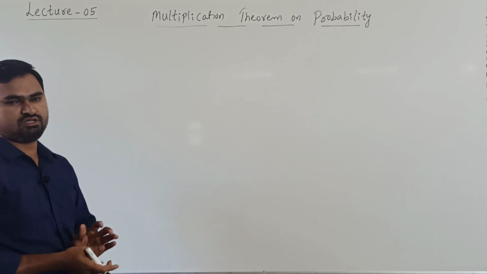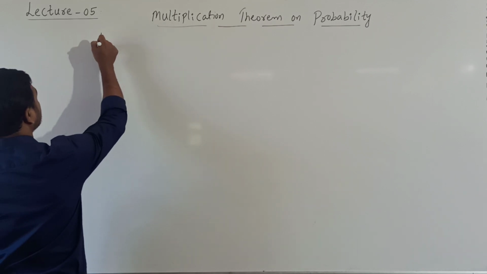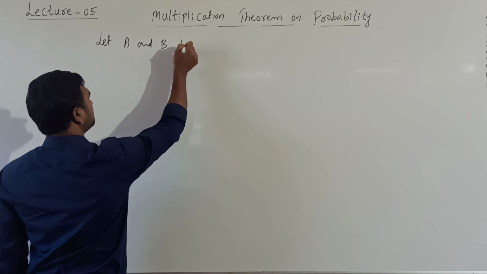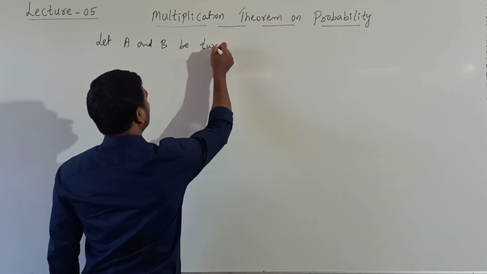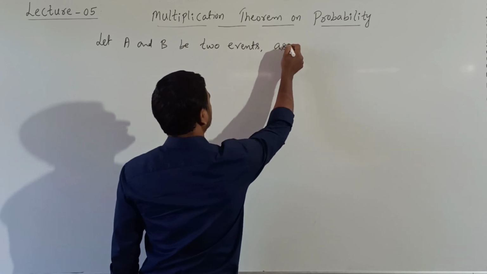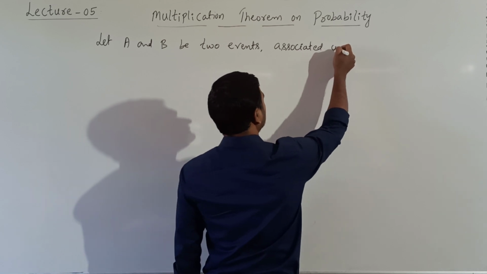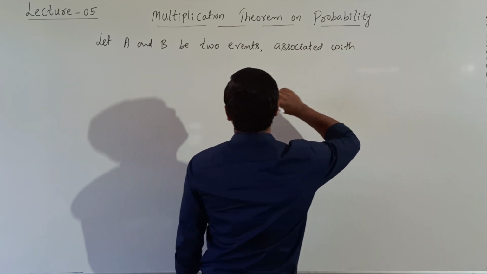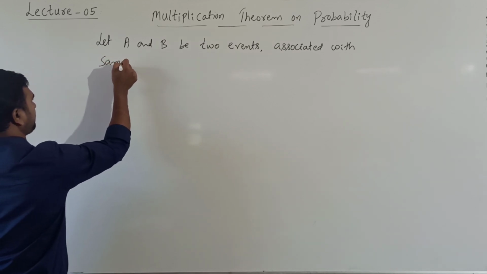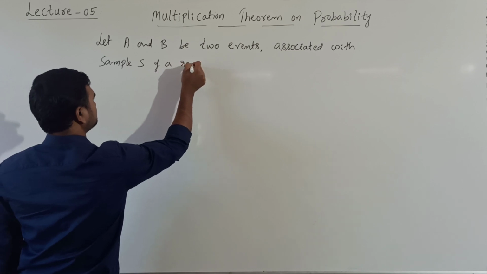Suppose there are two events associated with the sample space of a random experiment. Let A and B be two events associated with sample space S of a random experiment.